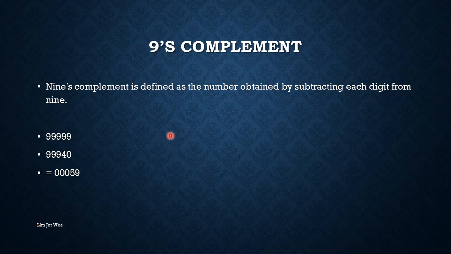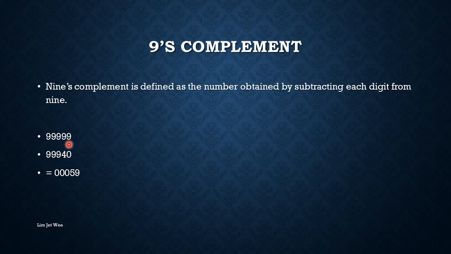Now for part C, there are a few parts. First, the question already defined the 9's complement: the number obtained by subtracting each digit from 9. The number that we have is 99940. If I want the 9 complement based on this definition, I will have to subtract it from 99999.